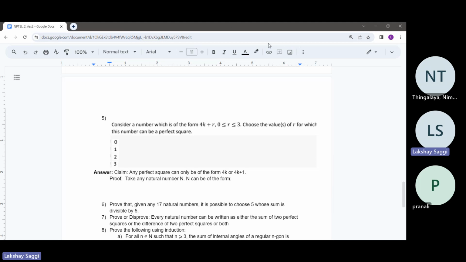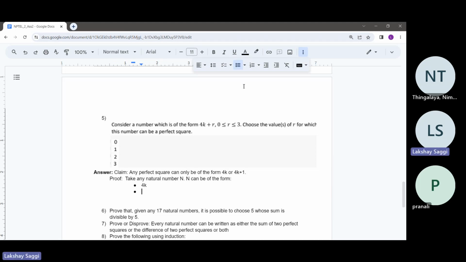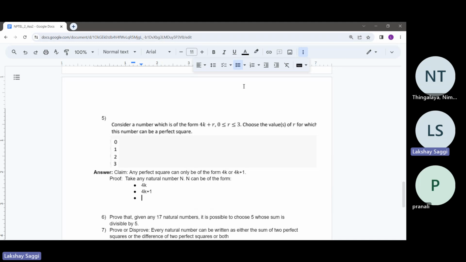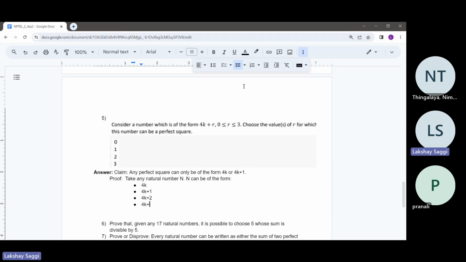It can be of the form 4k, 4k plus 1, 4k plus 2, or 4k plus 3. So any natural number can be of these four forms. Now I'll try to prove that a perfect square is only of these two forms. So we take any natural number n, and n can be of the form 4k, 4k plus 1, 4k plus 2, 4k plus 3 only.